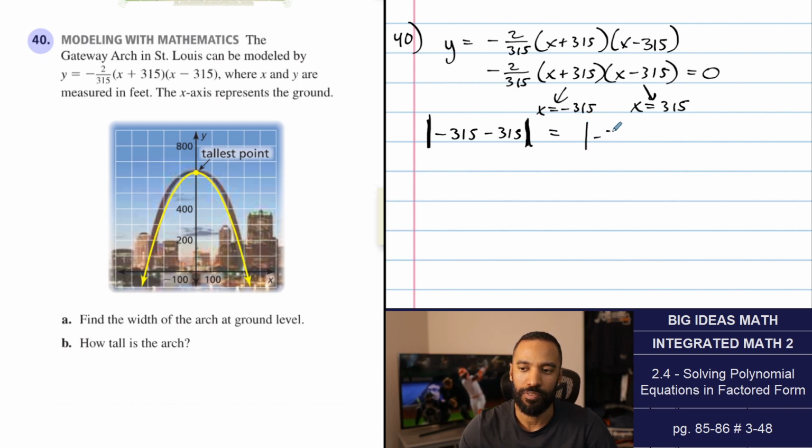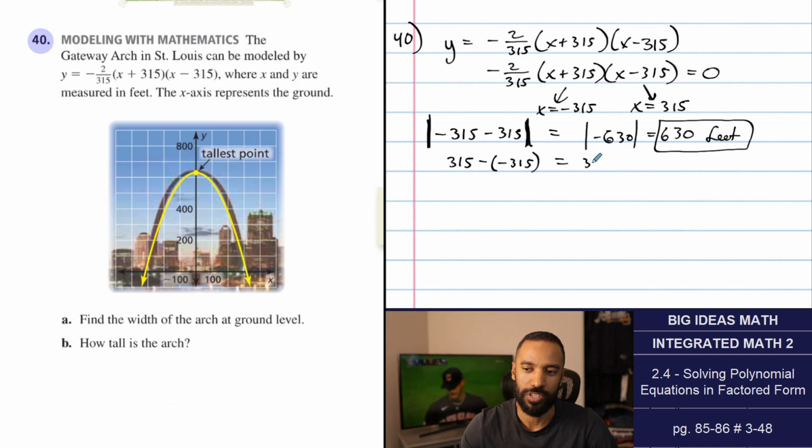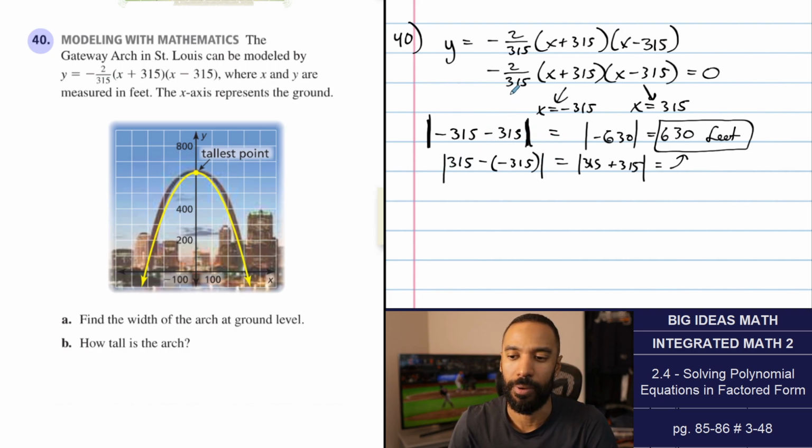That becomes the absolute value of negative 630, which is 630 feet. Likewise, we could have also done 315 minus negative 315, which is 315 plus 315, which is still that. But you'd still want it wrapped in absolute values just to make mention of what is happening. You get 630 feet no matter how you go about that.